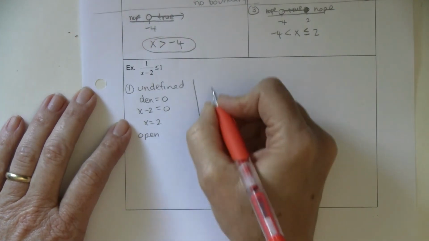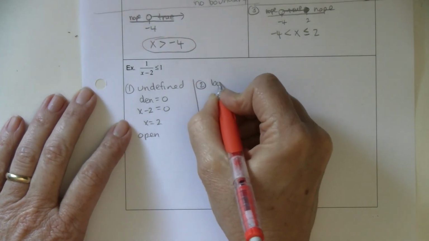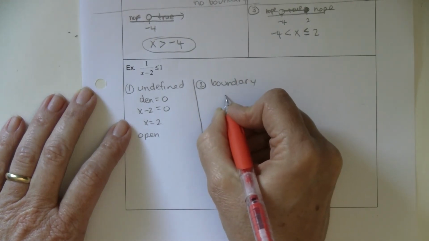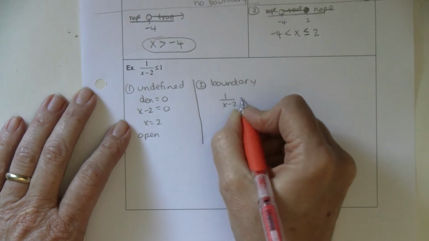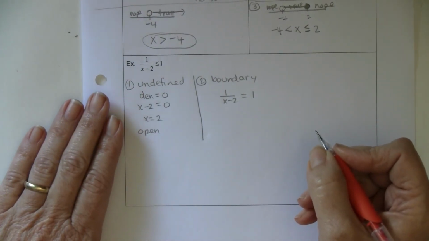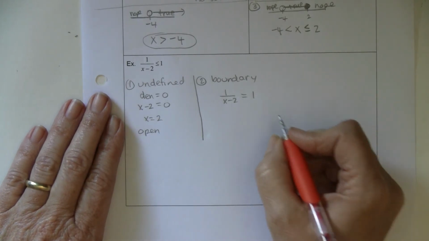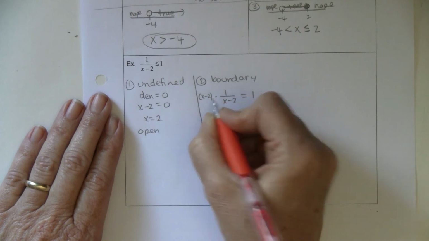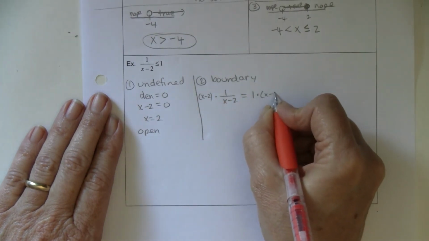Then I care about the boundary. And the boundary always happens at equals. So in this case, that's 1 over x minus 2 equals 1. And how I'm going to solve that is either by cross multiplying or by multiplying by x minus 2. So I'm going to multiply here by the denominator x minus 2 and multiply over there by x minus 2.